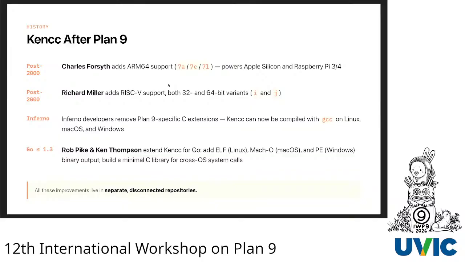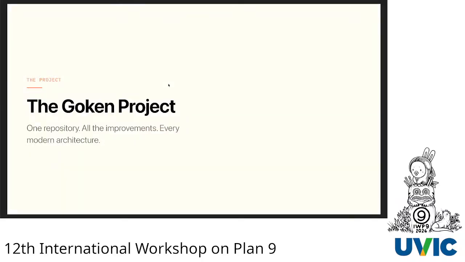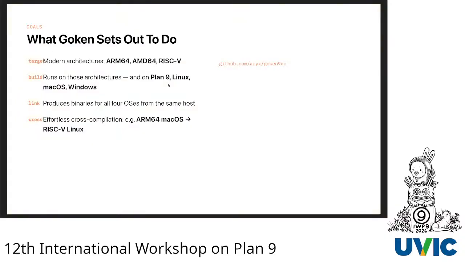And so the idea of the Goken project is to take all these different improvements that were a bit spread out and to put them in one repository and to support every modern architecture. And so the goal is to target modern architectures, and so to be able to produce binary for ARM64, AMD64, and RISC-V. The goal is also to build and run on those architectures.